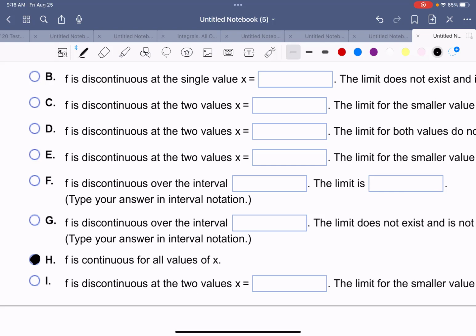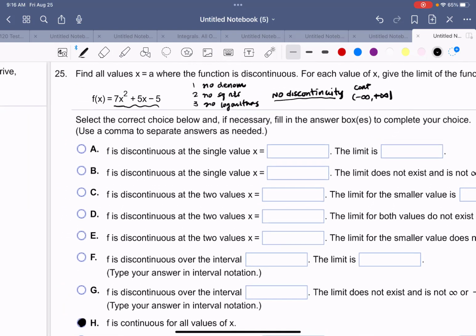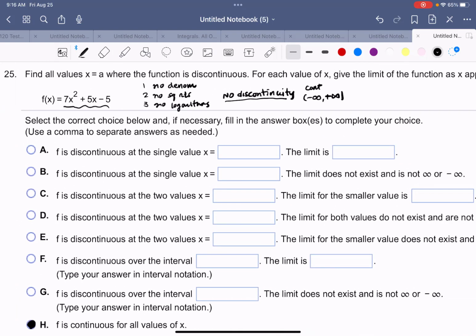Since there's no point of discontinuity, we don't have to find a limit in this case. The limit at any x value is simply going to be the value of the function. So this one is going to be the limit as x approaches a of f of a is always going to be whatever f of a is, because there's no place to have a discontinuity.